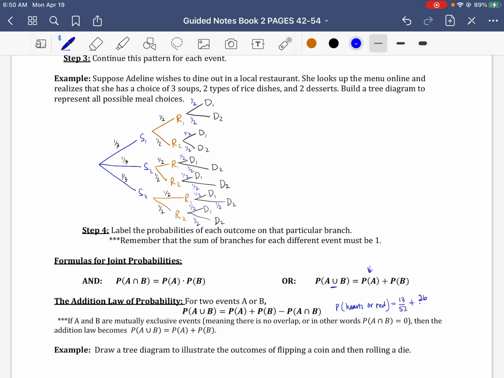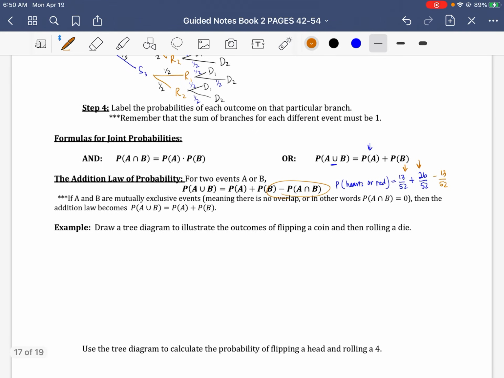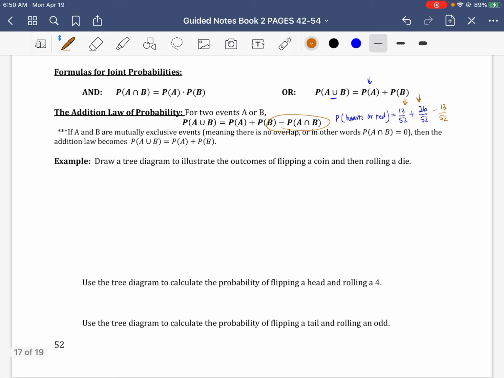There's 26 red out of the 52, but you included those red hearts in this one and this one, so you would subtract out what you double counted. So that's essentially what this means when you're doing an or. The tree diagram is going to help us distinguish between those. So let's jump down here and try one of these, and we'll show you what it means.